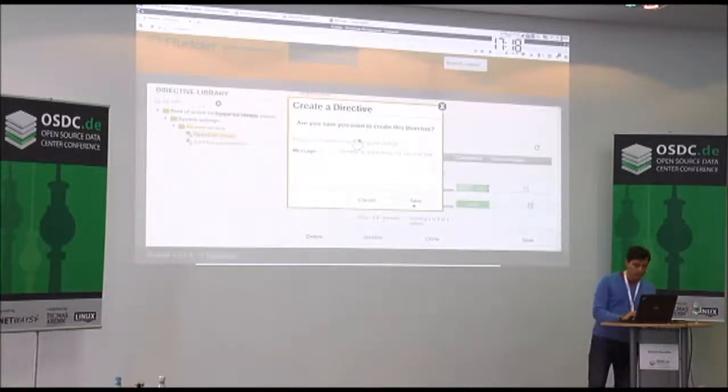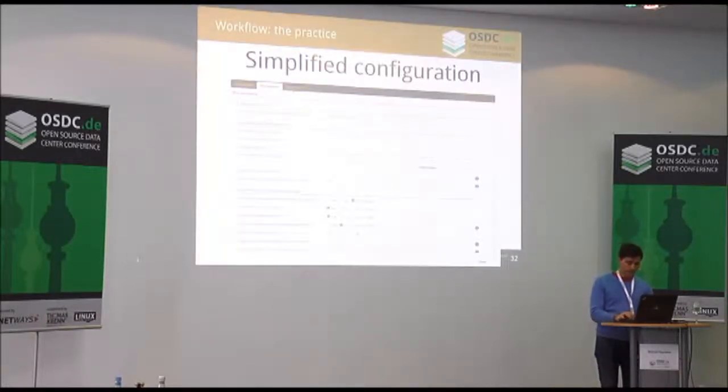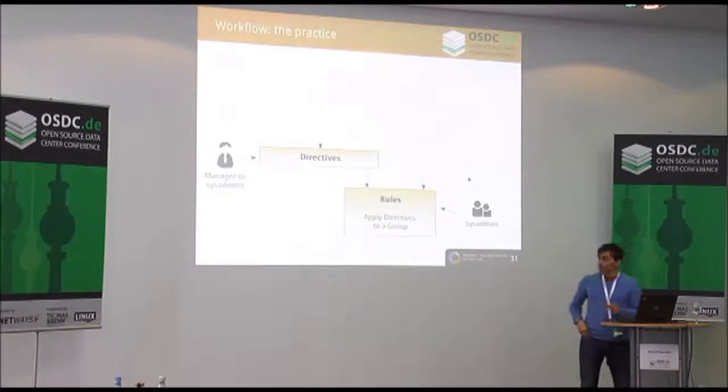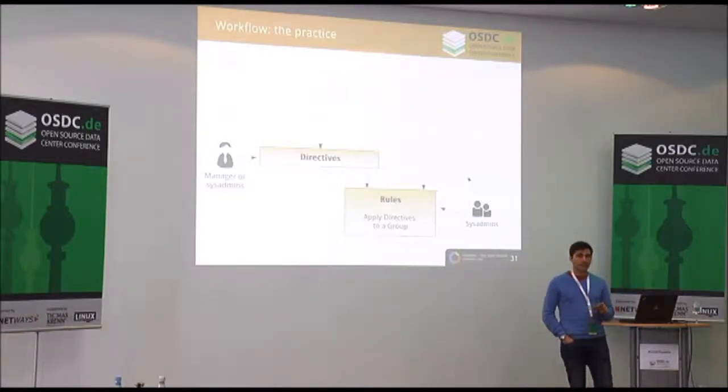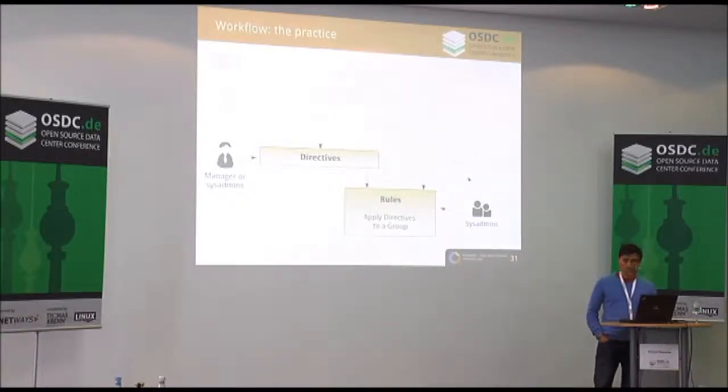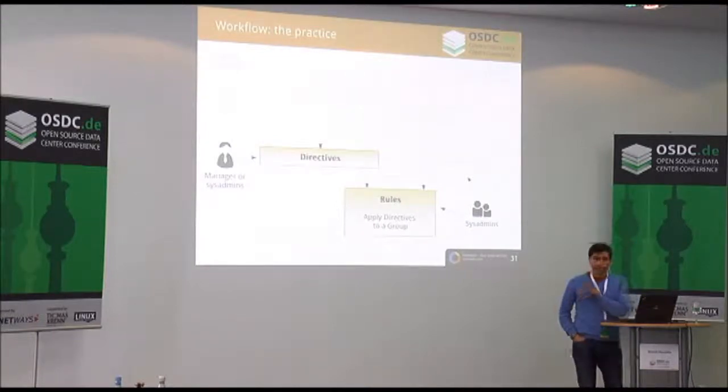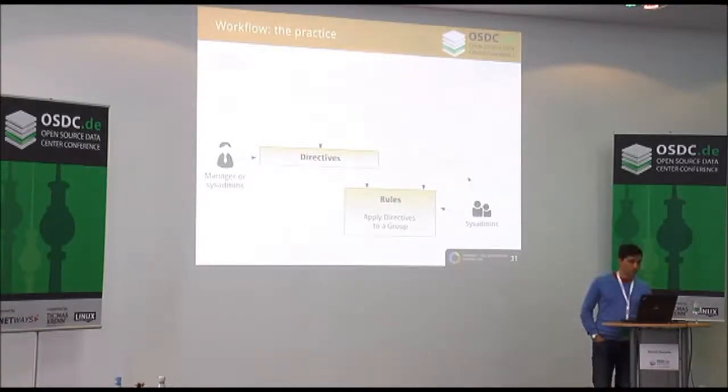So this is what I called before a directive. A directive is just a bunch of parameters. It's not applied to anything now. So I'll create a rule that applies this directive to some machines.